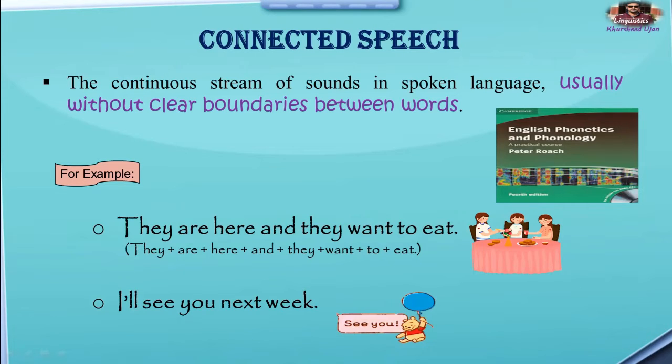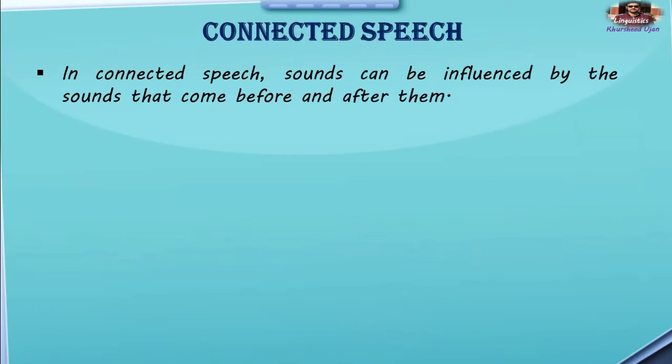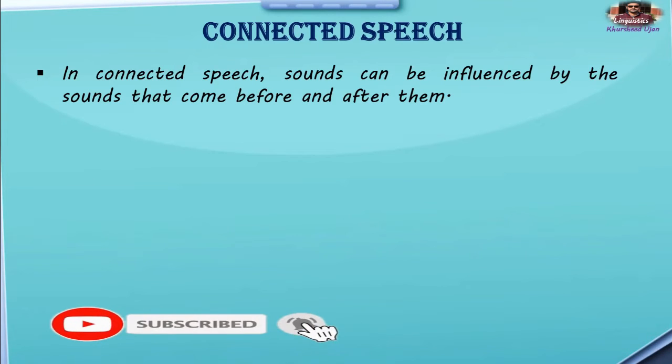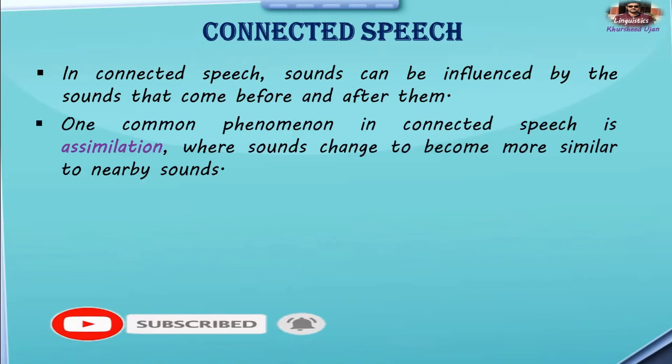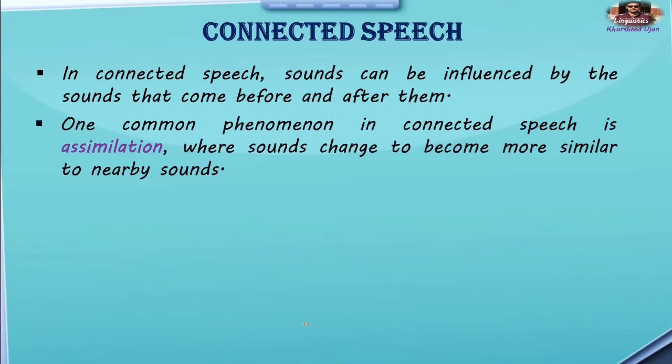For example, "I'll see you next week." We don't use the individual words of this sentence. So this is what connected speech is. In connected speech, sounds can be influenced by the sounds that come before and after them. So the pronunciation of words that come before or after may be affected.